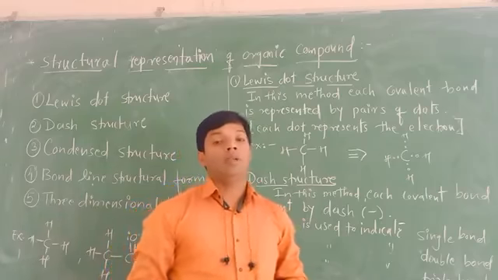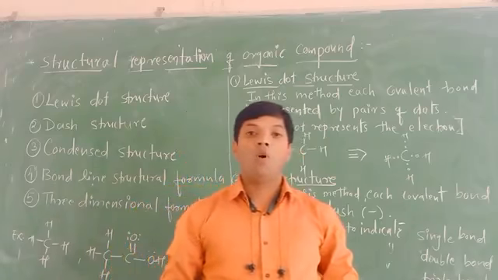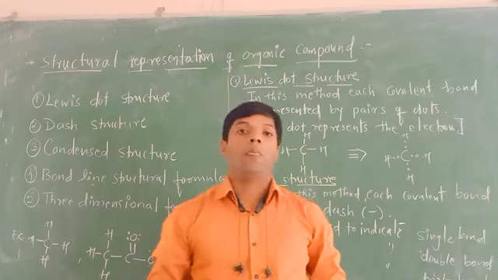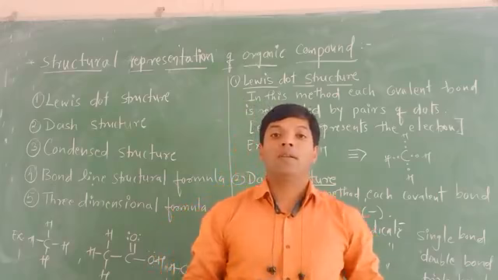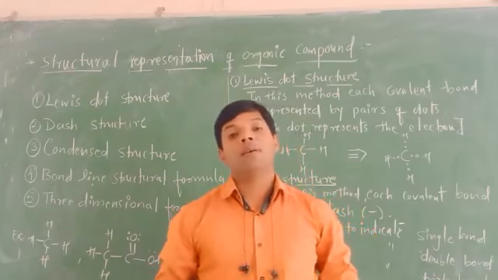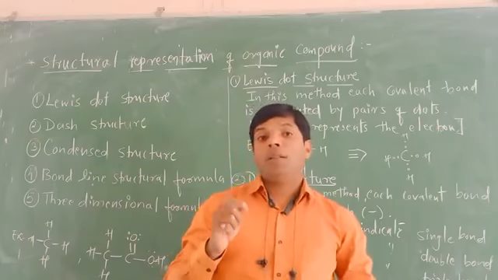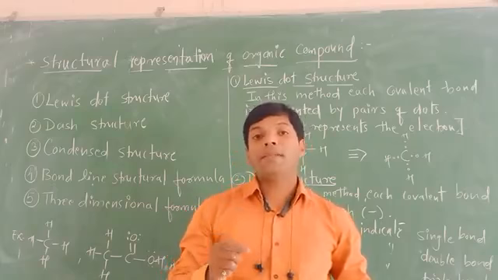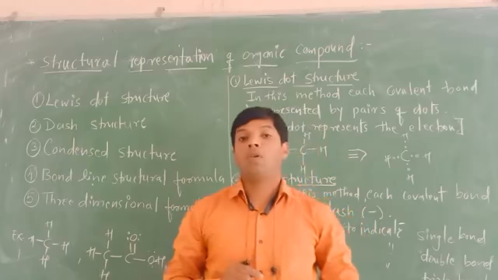As you know, organic compounds are formed by covalent bonds, and bond formation takes place by two electrons, so one bond indicates one pair of dots or one pair of electrons.